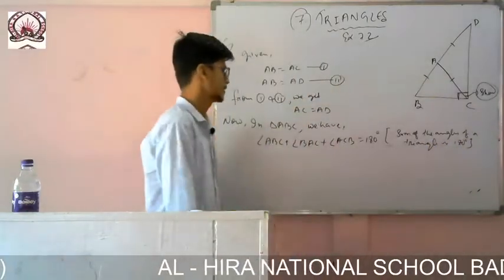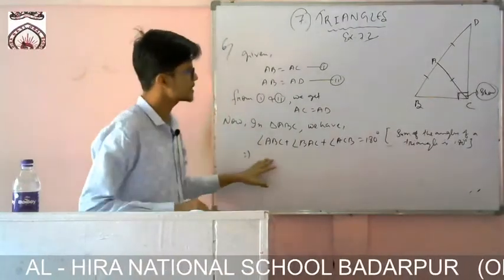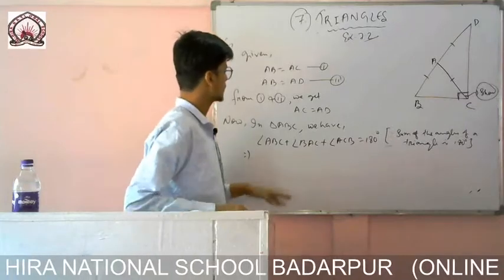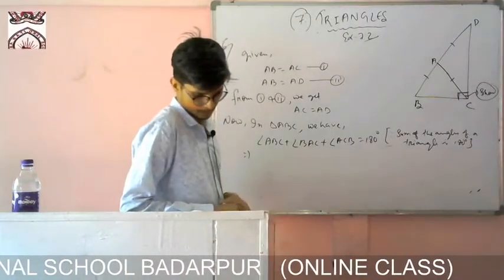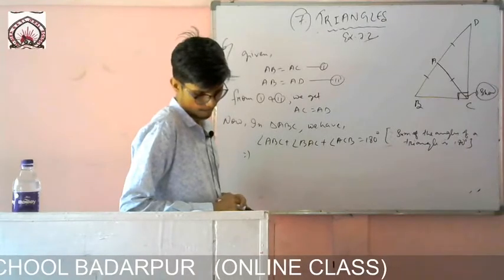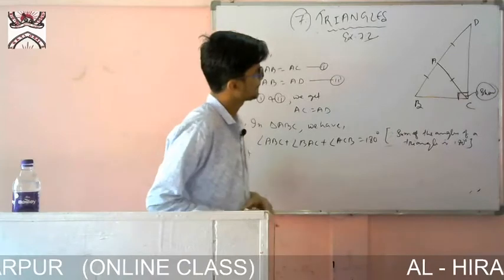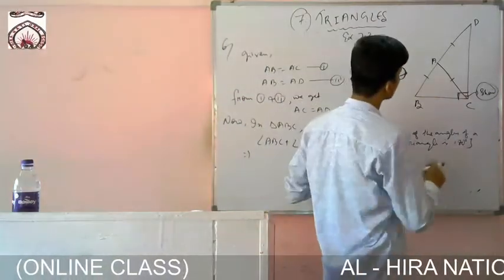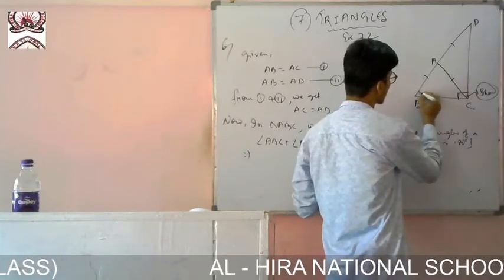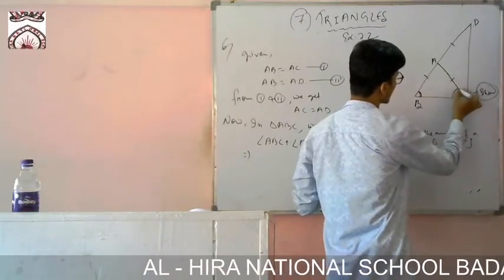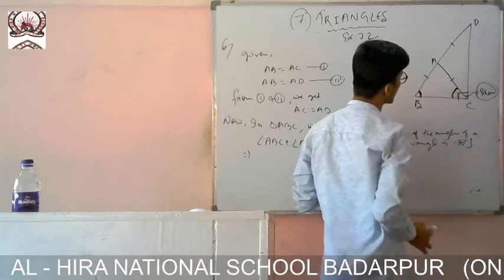Now you see, one thing: these two sides are equal. If these two sides are equal, then this angle will be equal to that one. We know that angles opposite to equal sides are also equal.